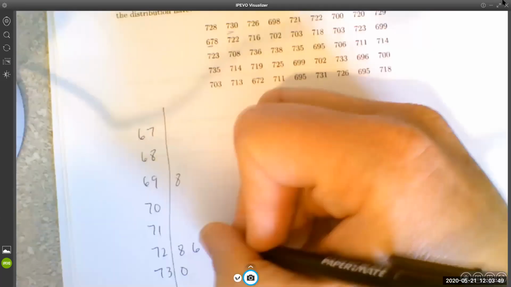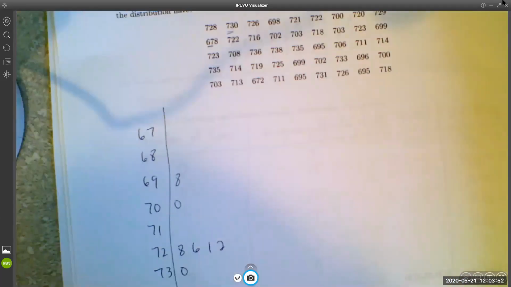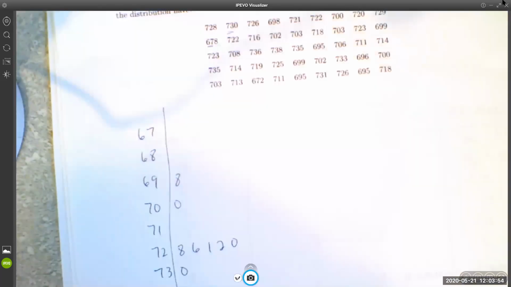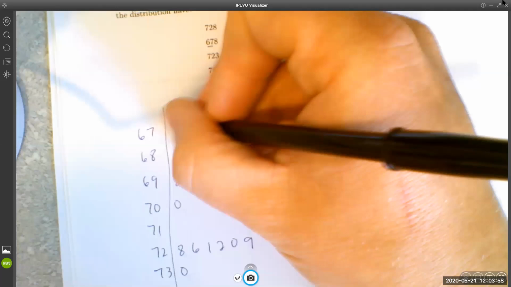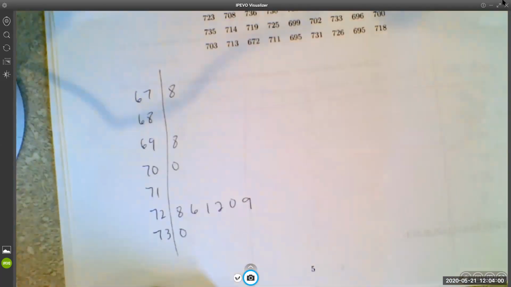So for 728, I would put a leaf there. For 730, 726, 698, 721, 722, 700, 720, 729, 678, and so forth. Again, it's only the rightmost digit.